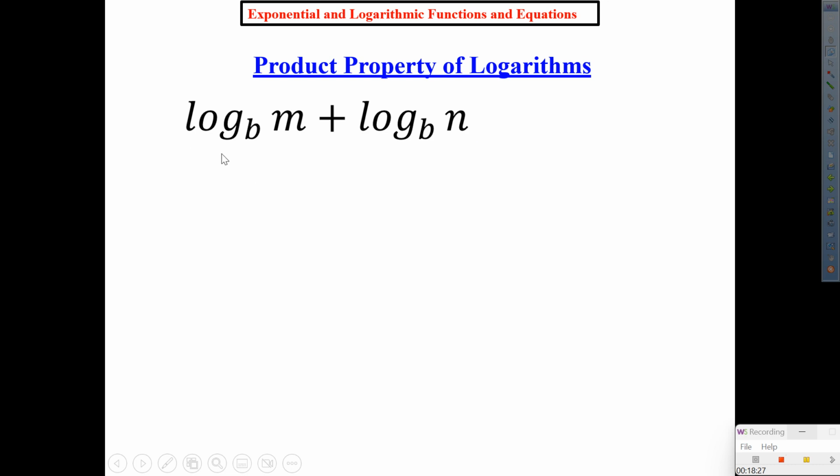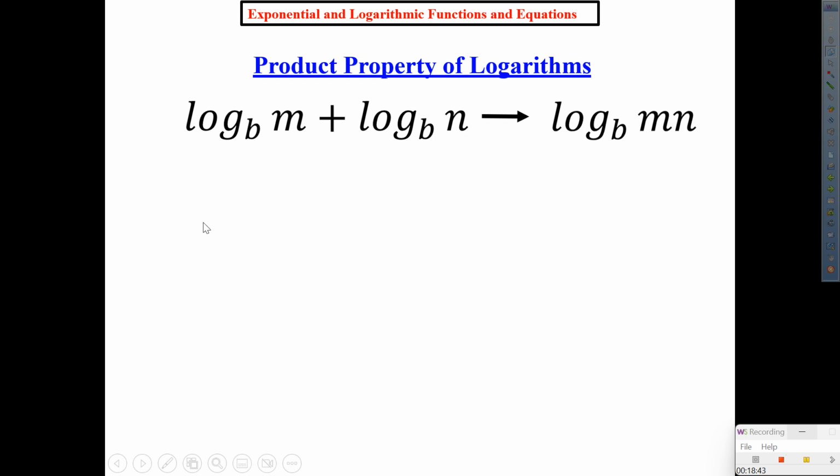So if you have 2 logs of the same base being added, the product property says that we multiply the given numbers. Here they are, m times n. We write both logs as 1 and the numbers multiply. And vice versa.